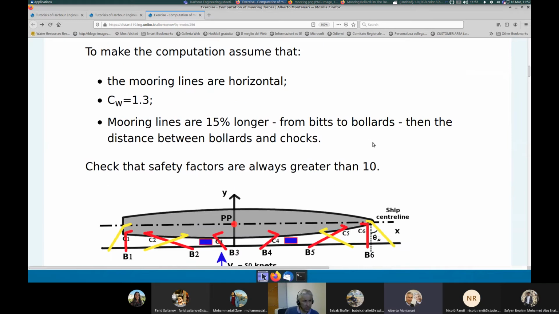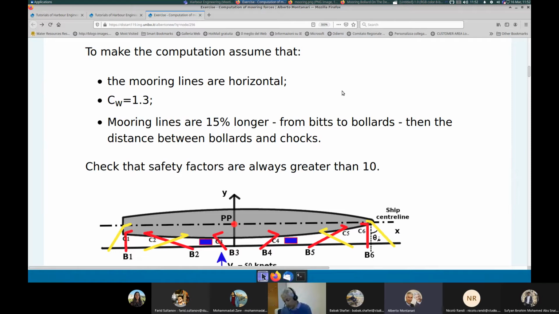Now let's go down. To make the computation, assume that the mooring lines are horizontal, so there is no inclination with respect to the vertical direction of mooring lines. It is, if you want, quite an unusual situation because bollards are located at the elevation of the berth, while the chocks are located at the elevation of the deck of the ship. And usually the deck is higher than the berth.